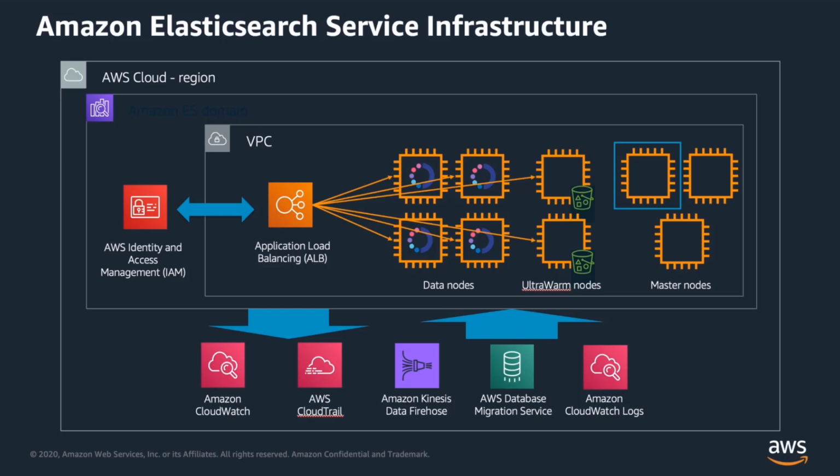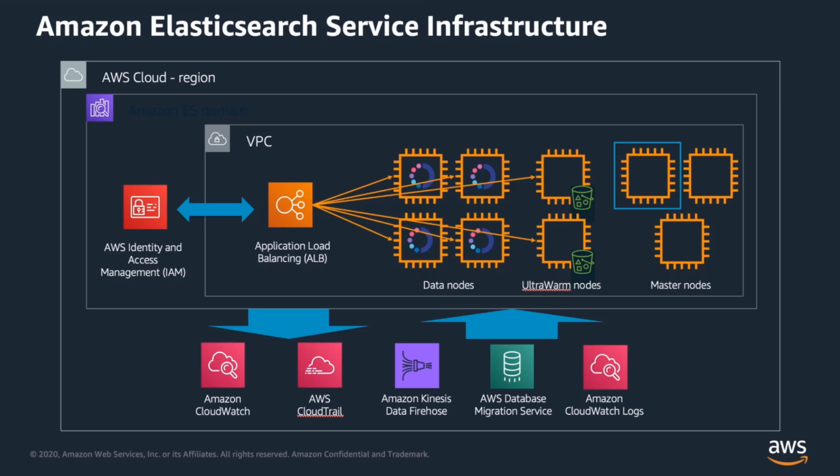Of course, there are the master nodes. And for production deployment, we give you the option to choose dedicated master nodes, which do all the coordination of the work amongst the rest of the nodes. Then you have the data nodes, which actually store the data and run all your queries there.